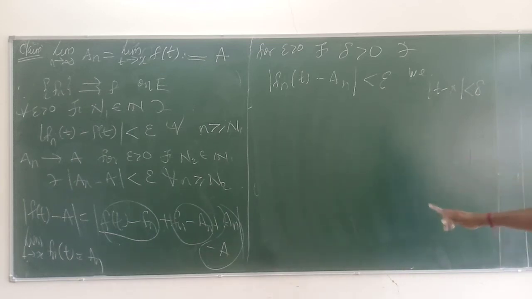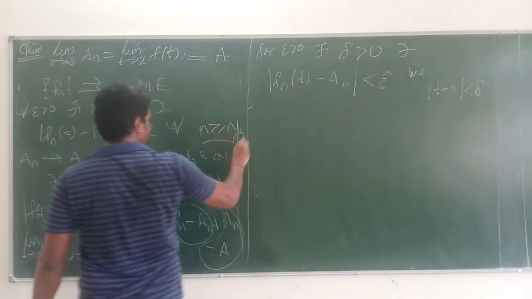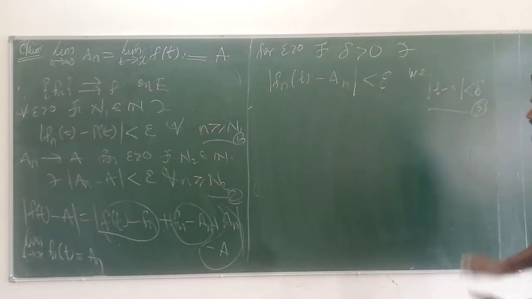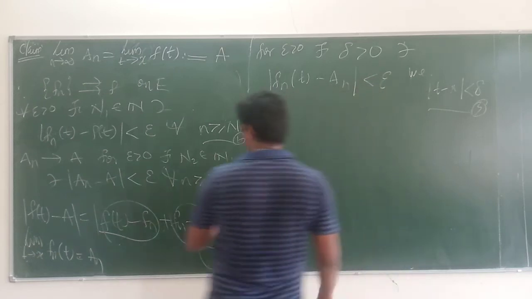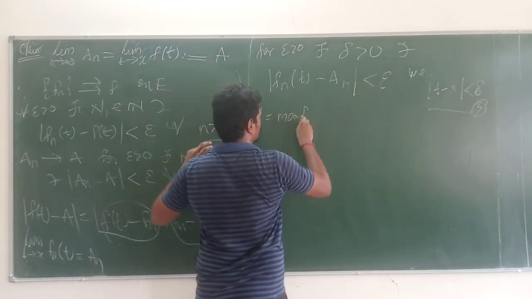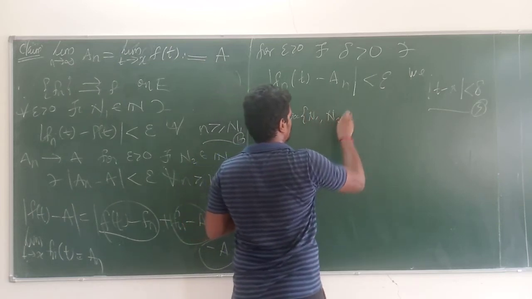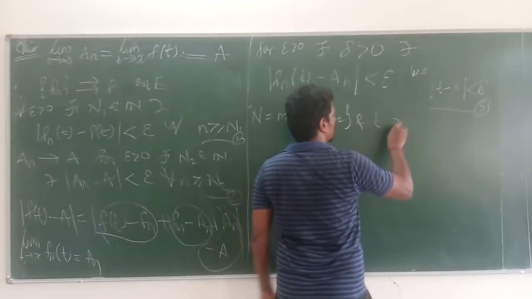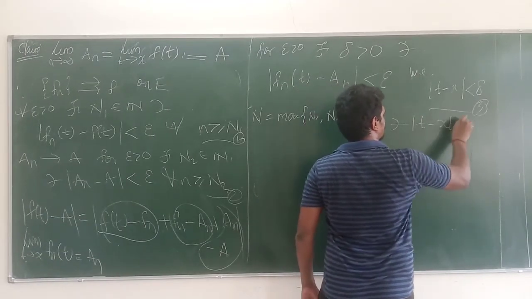So all three conditions we have: first, second, and third. So we have to take it as common. Common means only n1 and n2 we have to take. So let n be the maximum of n1 and n2. And consider t such that mod t minus x is less than delta.